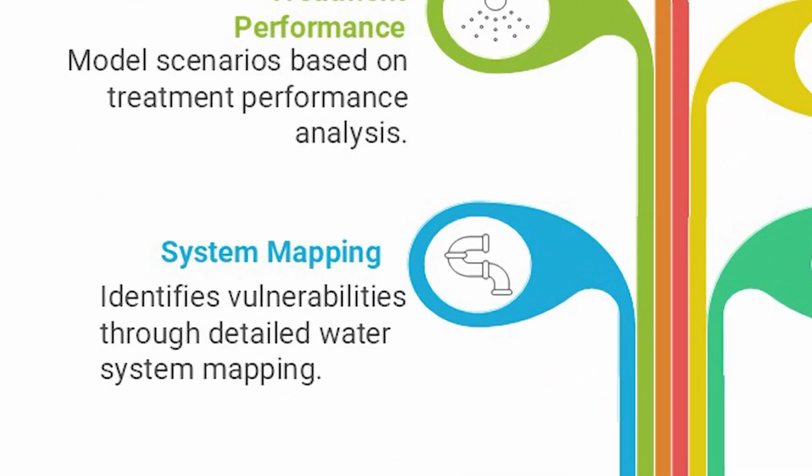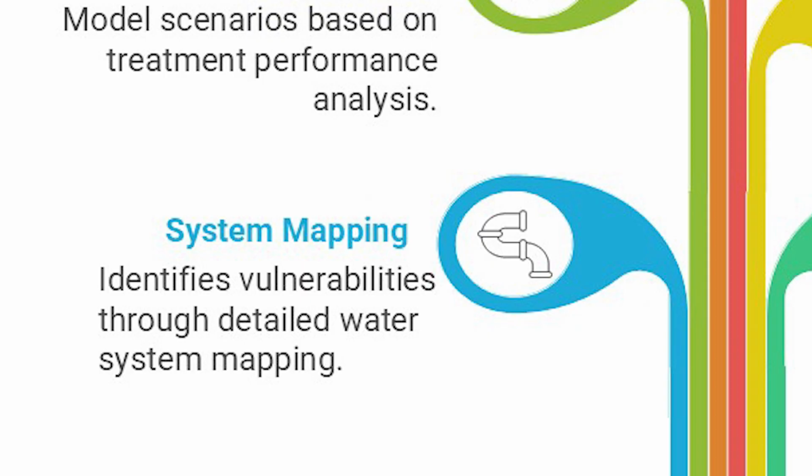Down here at the bottom, the first thing is system mapping. In order to determine the quantity of the pathogen that someone's exposed to, we have to understand the whole system from source to tap if we're talking about drinking water. And a large part of my talk will focus on drinking water.